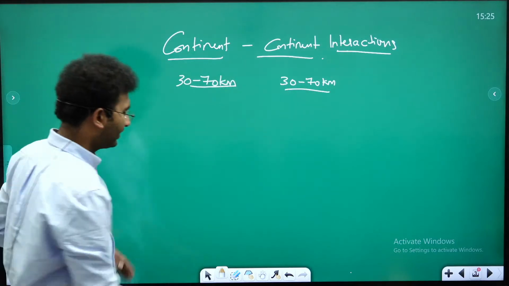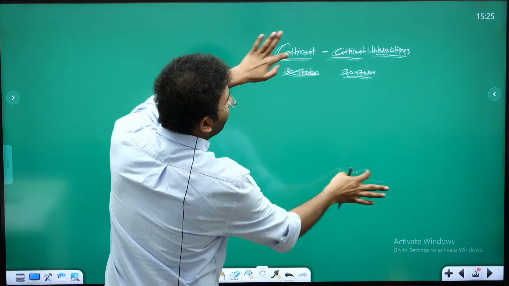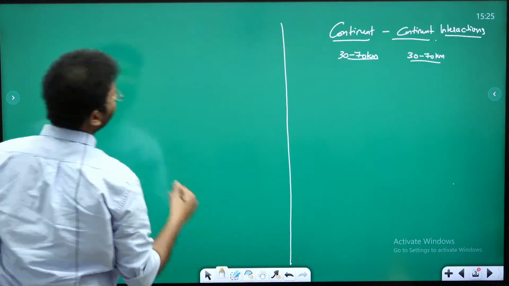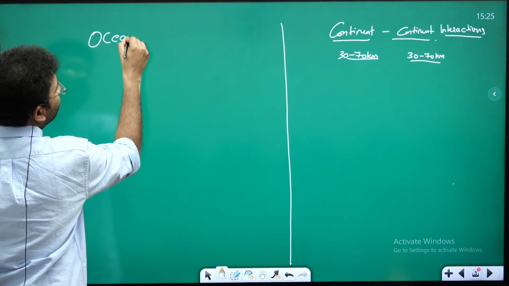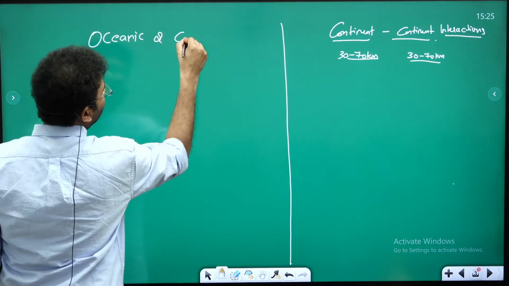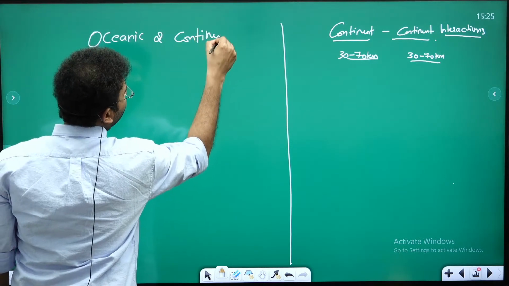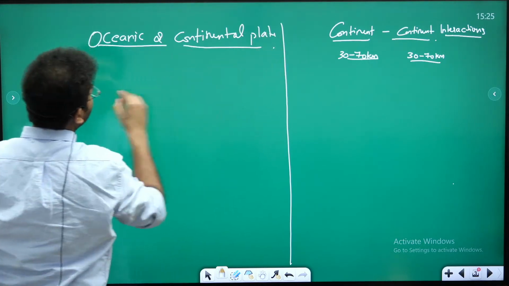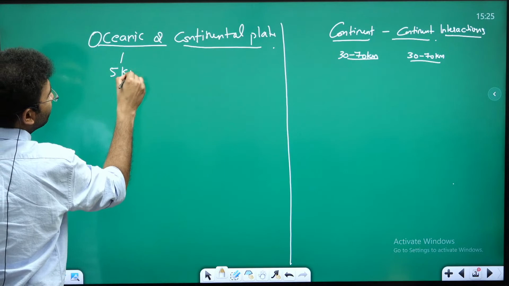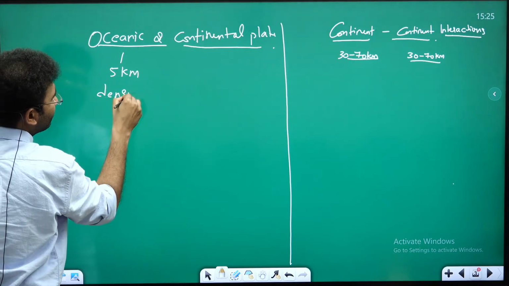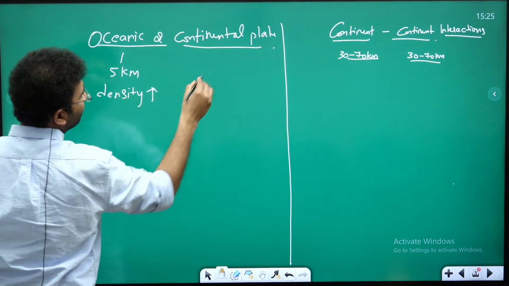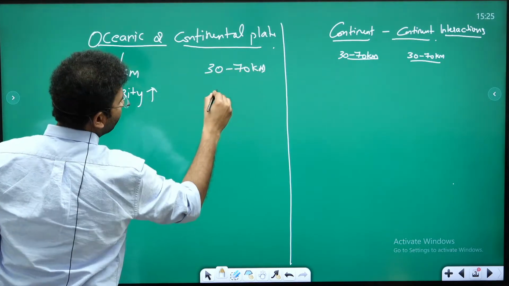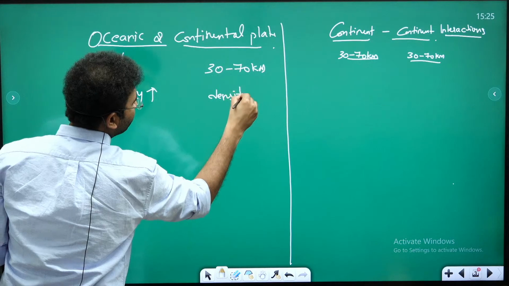On the other side, let us simultaneously take up the oceanic plate and continental plate interactions. Oceanic plate thickness is 5 kilometers, density high, as compared to the thickness of 30 to 70 kilometers on an average, where density is less.